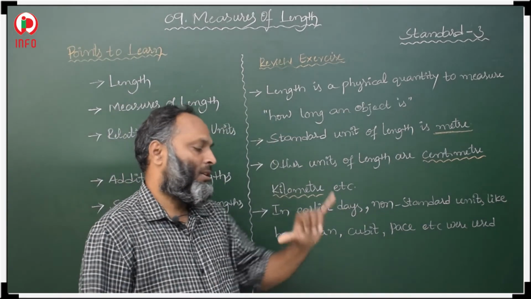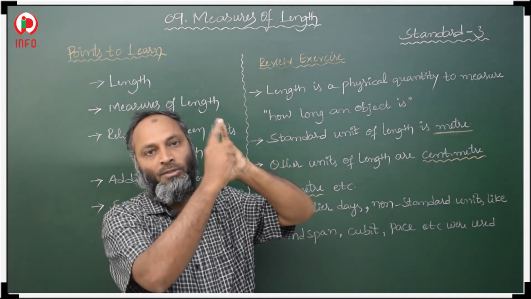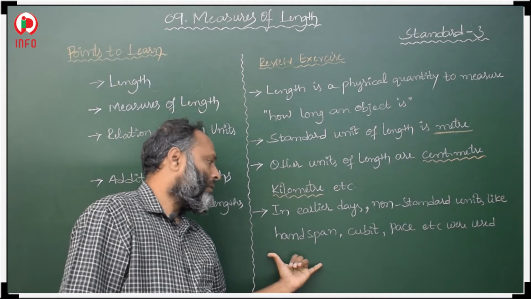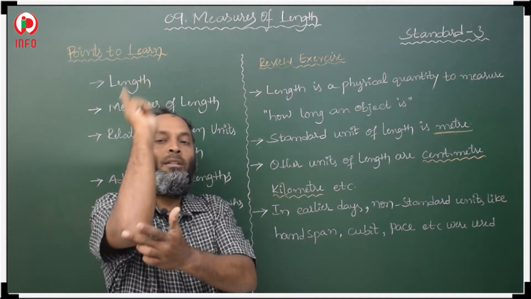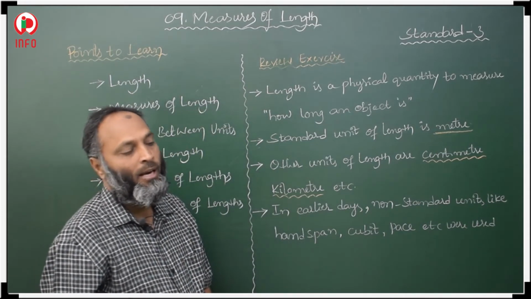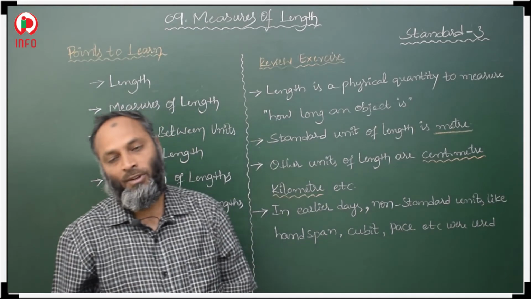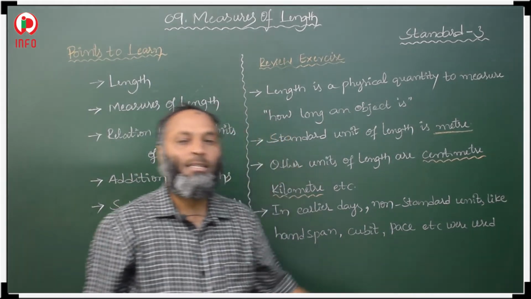Hand span means from the thumb to the last finger. Cubit means from the elbow to the big finger. And pace means the distance between the right leg and the left leg, one foot.